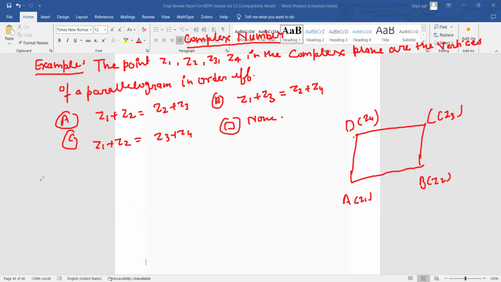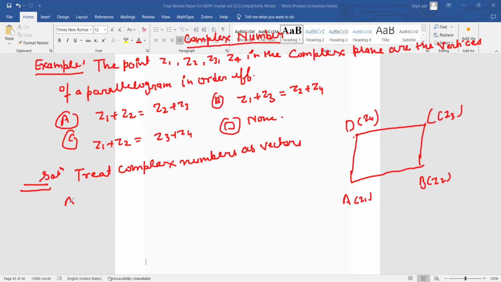So just treat the complex number as a vector.